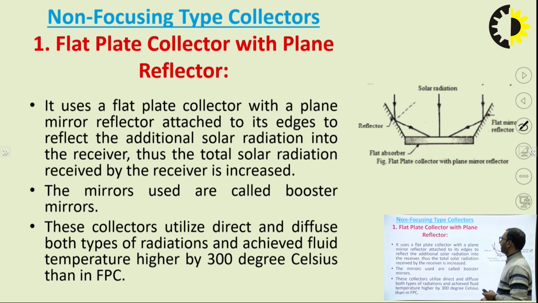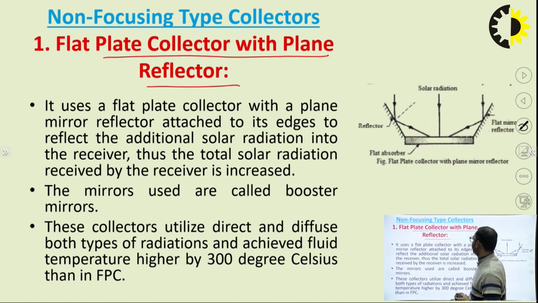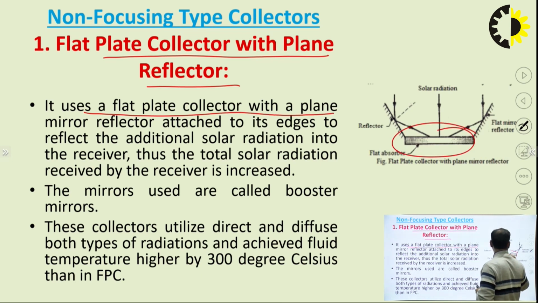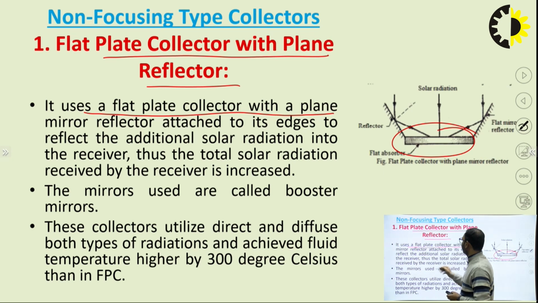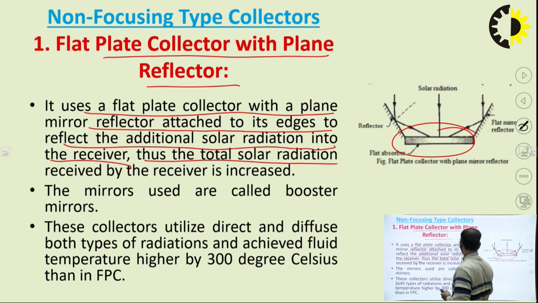Now, if we are talking about non-focusing type collectors, they are also a type of concentrating collector. First, the flat plate collector with plane reflector uses a flat plate collector with a plane mirror reflector attached to its edges to reflect additional solar radiation into the receiver, and thus the total solar radiation received by the receiver is increased.